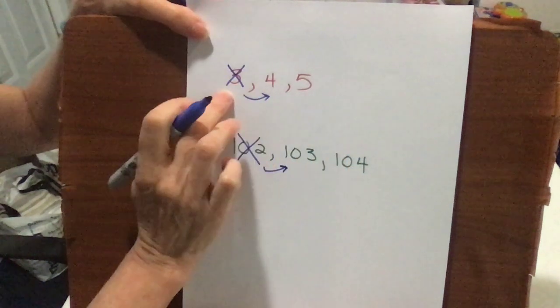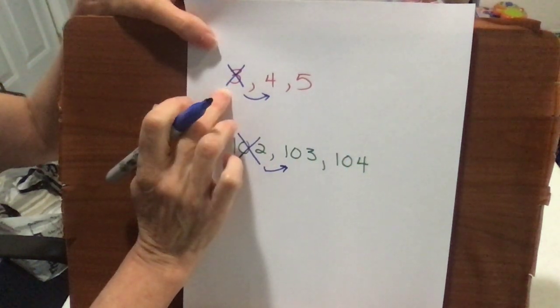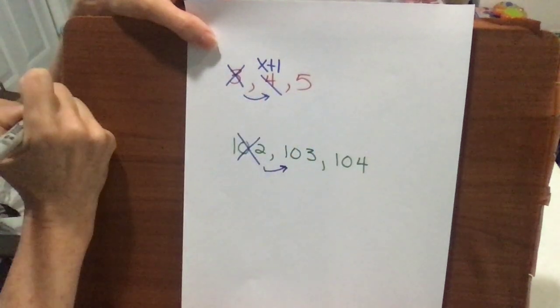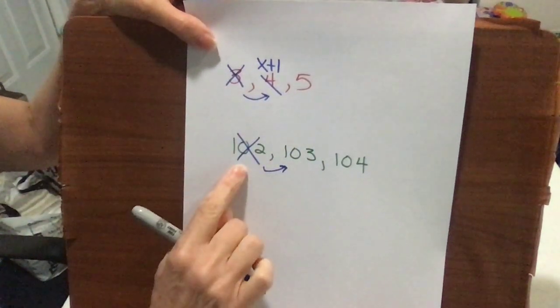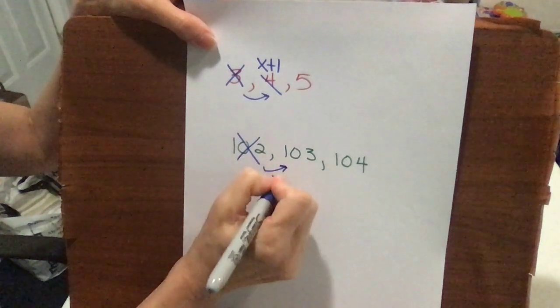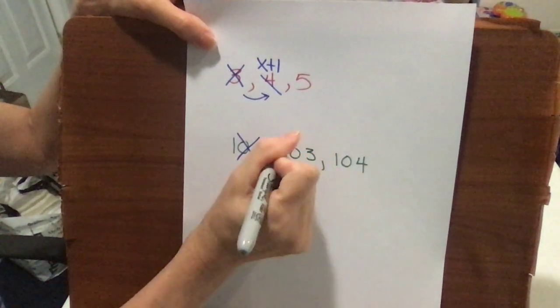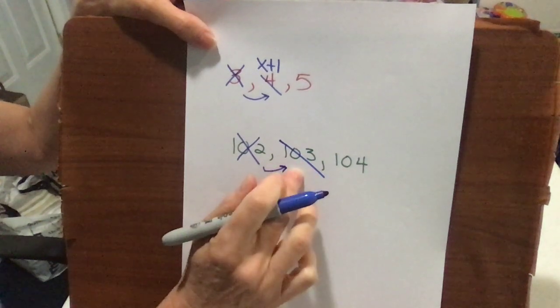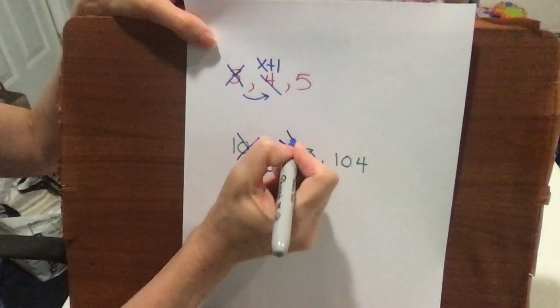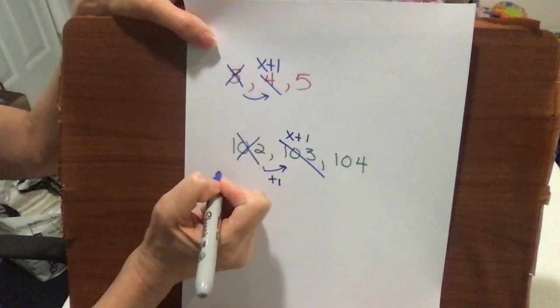So if the first integer is x, we would add 1 to it to get the next integer. Again, to go from 102 to 103, we're adding 1. Because we don't know what this next integer will be in the word problem, the first one's x, the next one is x plus 1.